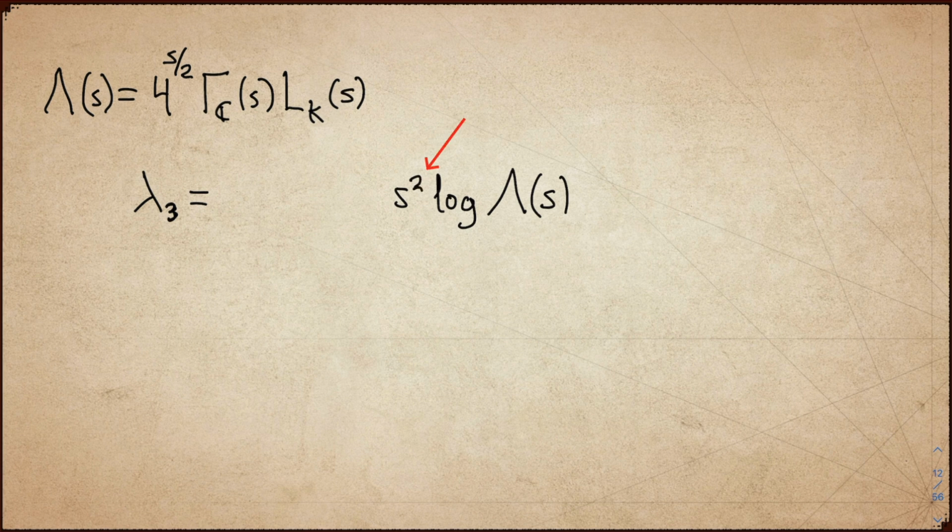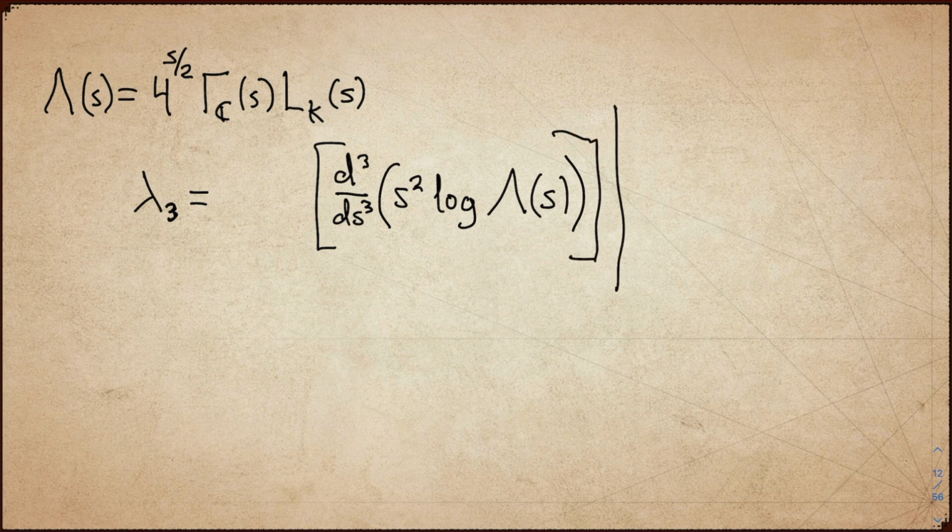And I get the 2 here from the 3 minus 1. To this new function, I apply the derivative 3 times. And this function, the third derivative, I evaluate at s equals 1. And this gives me just a number. Finally, this number is a bit big, so I multiply by 1 over 3 factorial.